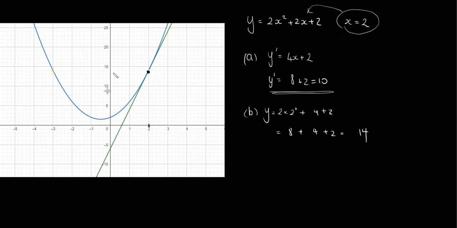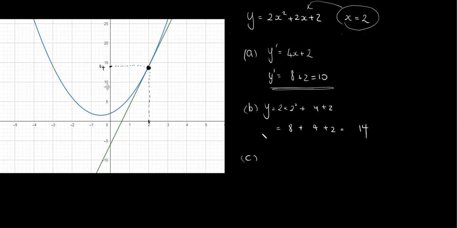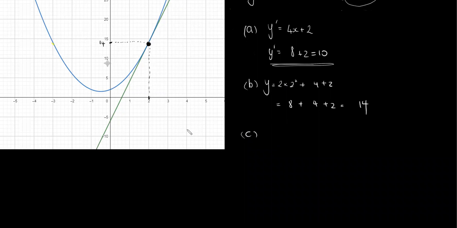So that value there looks like it's 14, and it is indeed 14. So the coordinate, the point of contact between this tangent and this parabola, is (2, 14).